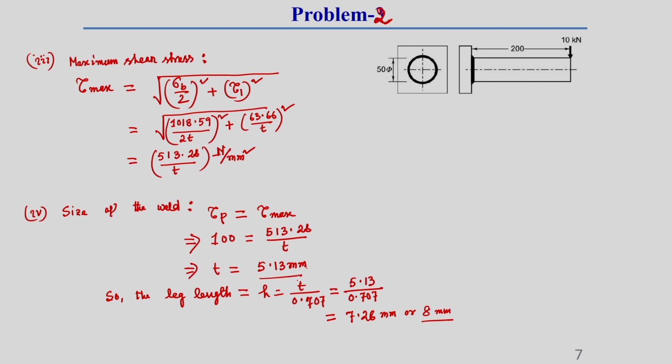So, by this generally we can design these types of welded joint. Beforehand, if you have some structure which is like this, and somebody asks it is subjected to some load P, then what welding dimension you should use.